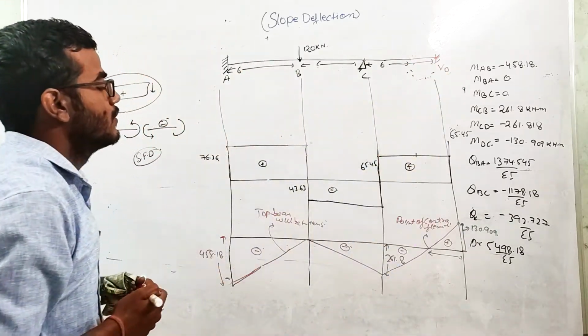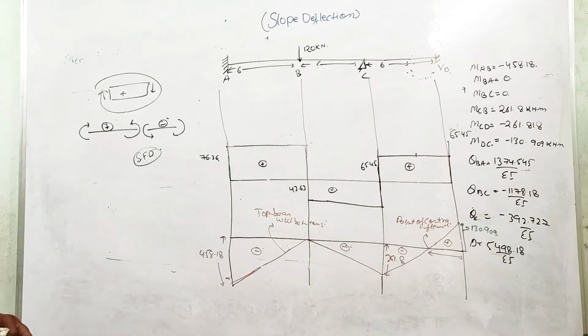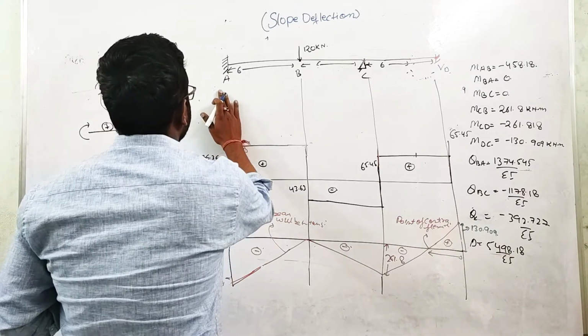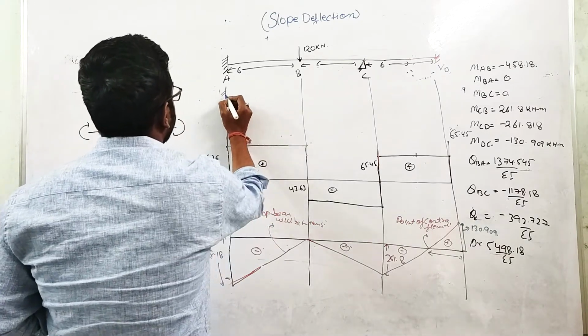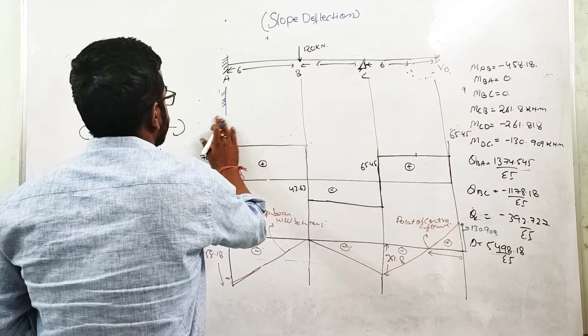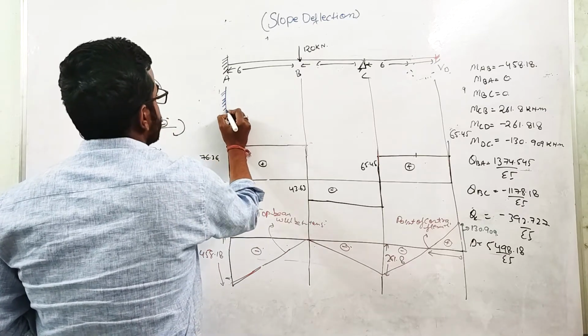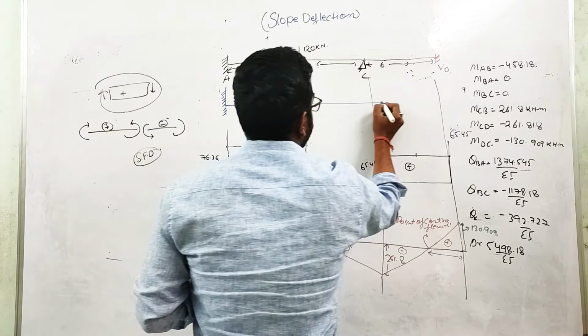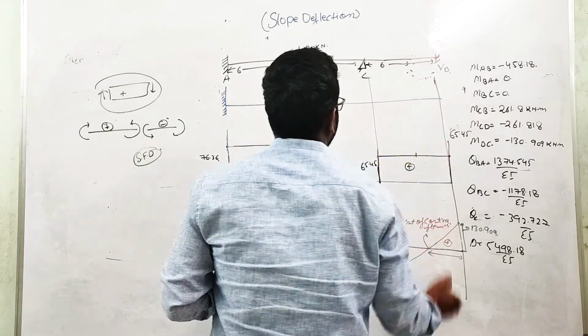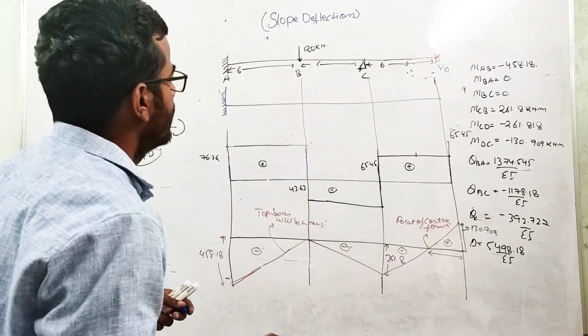Now if you want to find the deflection curve of this beam, the deflection curve is also known as elastic curve, and here we are always dealing with the linear elastic situation. These equations which we have solved are for the linear elastic case, right? So now let us draw this deflection curve.